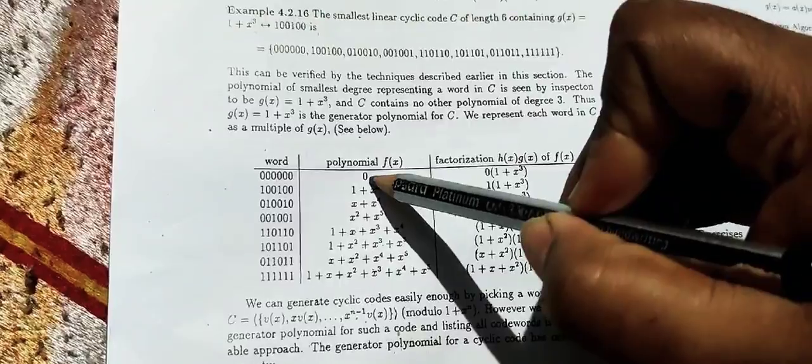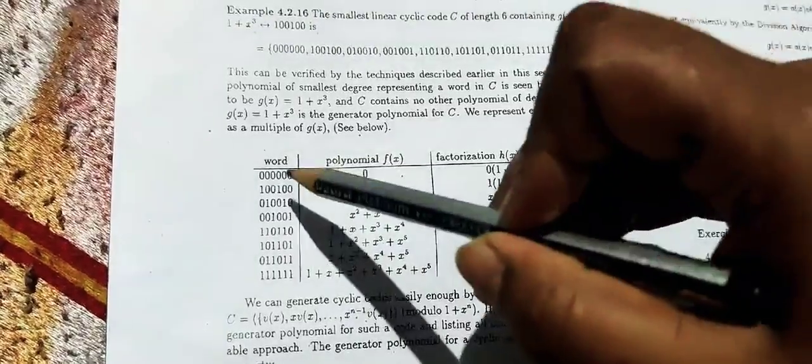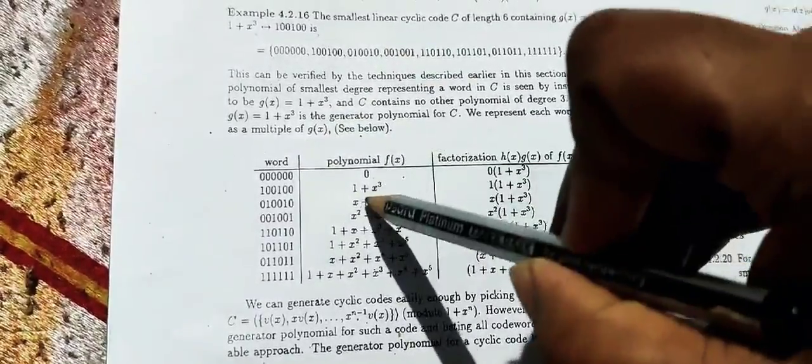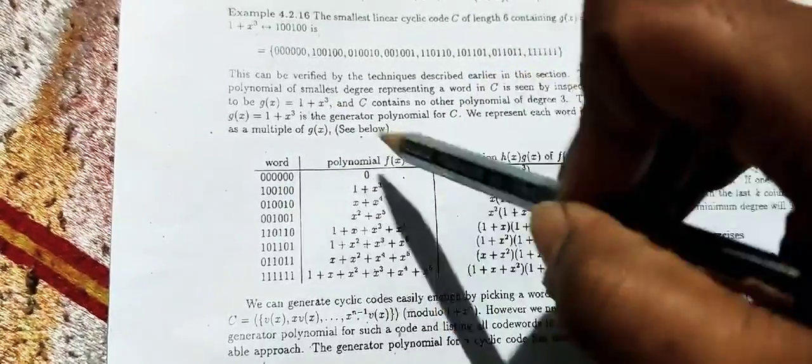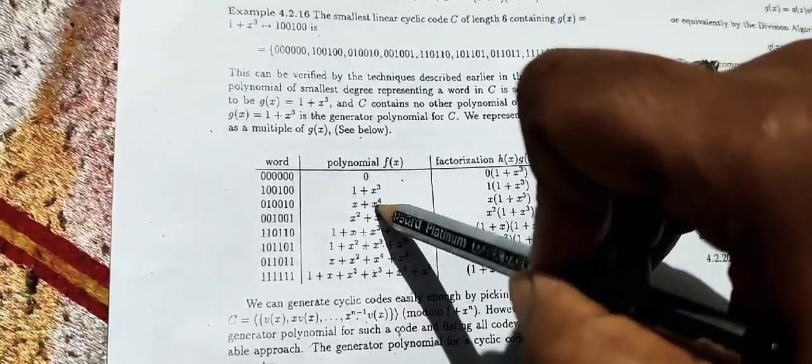So first element 0 is the 0 polynomial namukku eppozhum exist cheyum, and 0 0 is the linear code aanengil C must be present aayikkanam. So 1 plus x cube is our g of x. Okay. So corresponding word is 1 0 0 1 0 0, and next x into g of x.